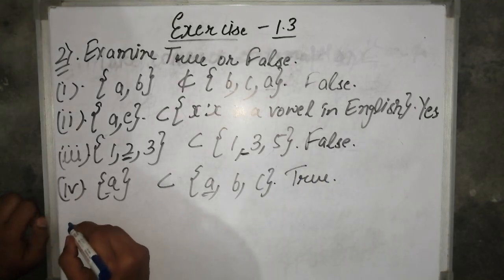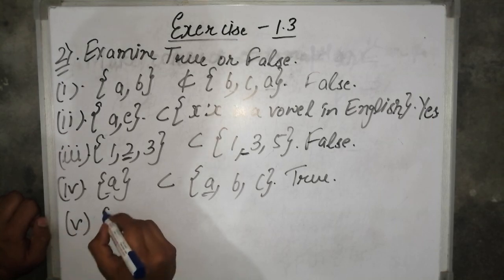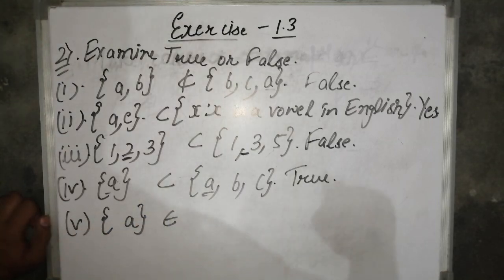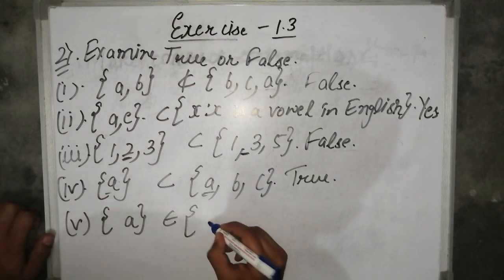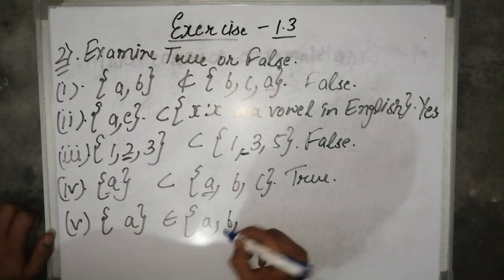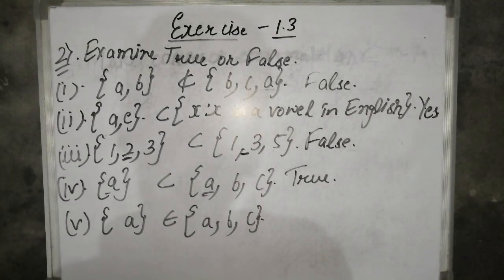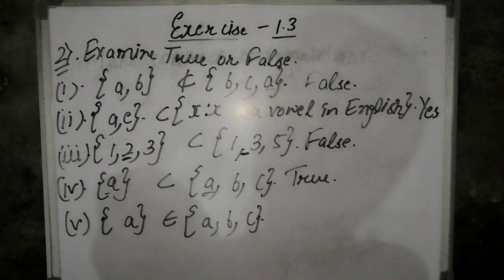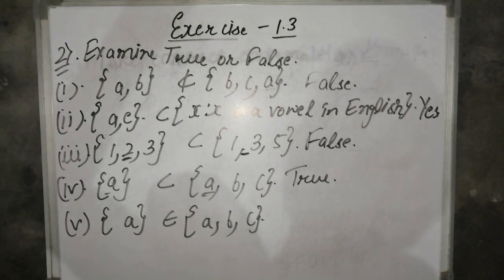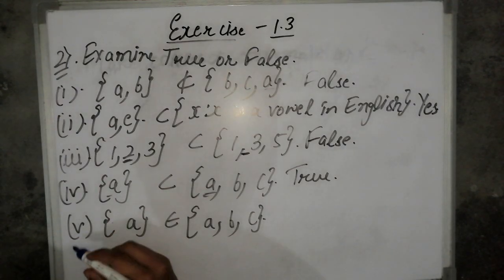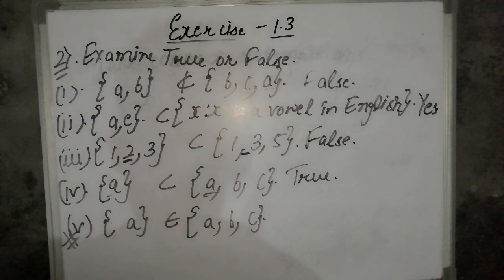Our fifth part is {a} belongs to {a, b, c}. Think on it. This is a very important question from the exam point of view. I am marking this with a hash because this is important.